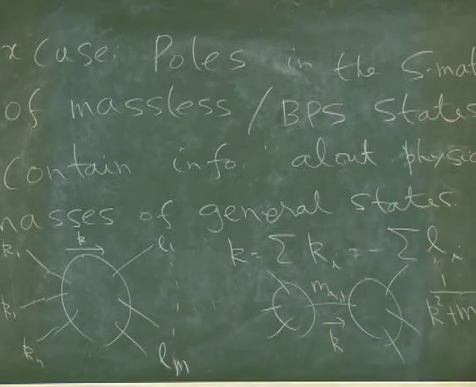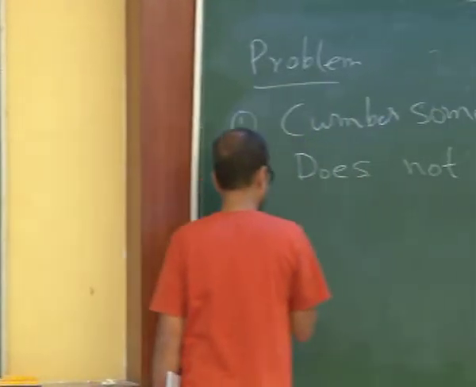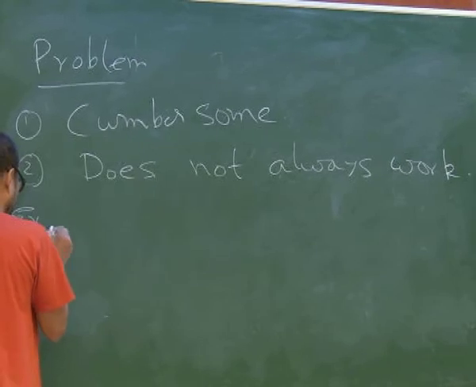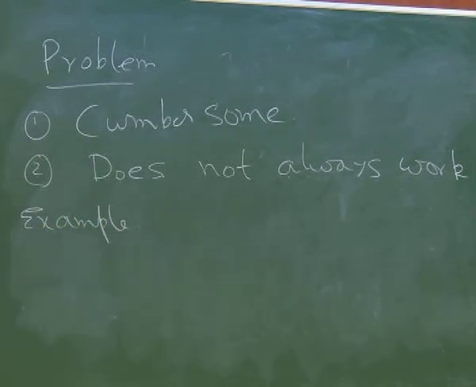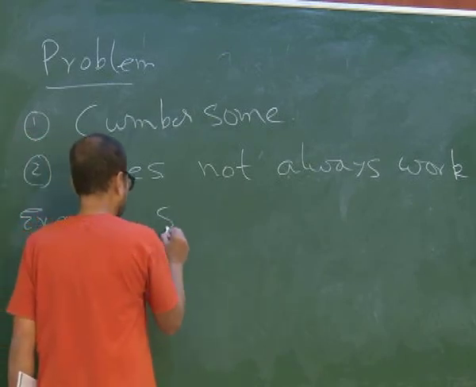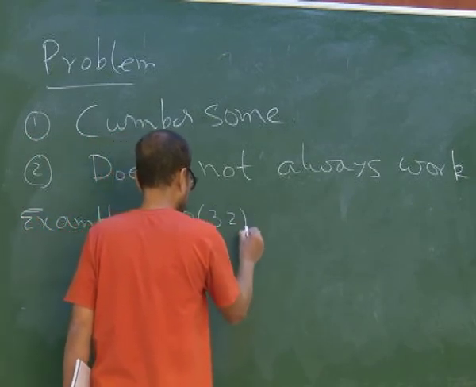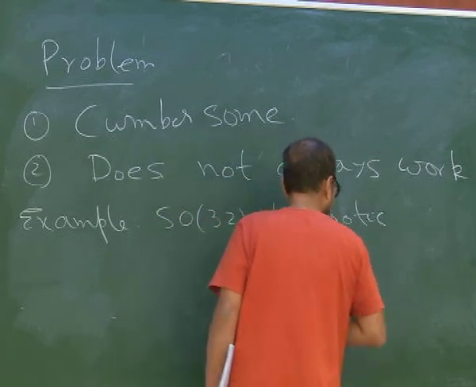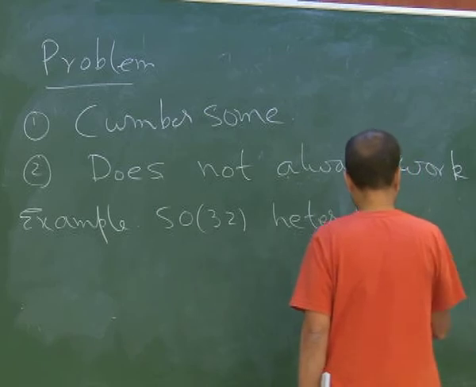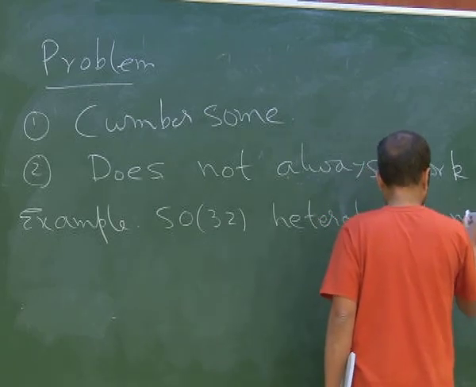And there is in fact a very standard example, which I will describe here. This example deals with SO(32) heterotic string theory in 10 dimensions. If you don't know what it is, you don't really need to worry about it, except one particular fact.